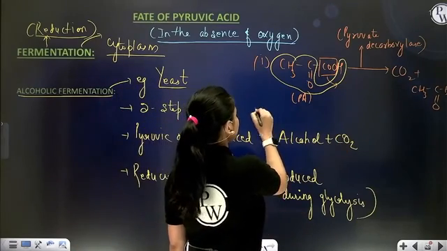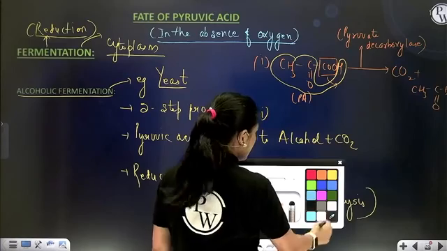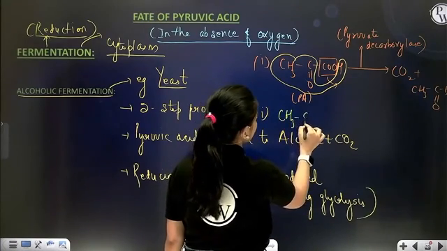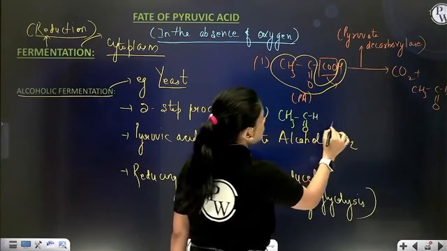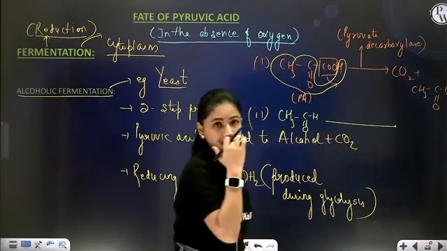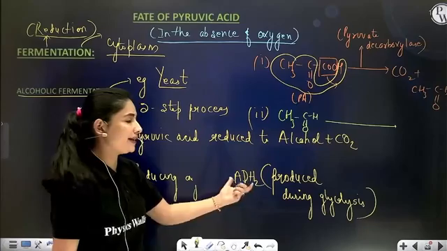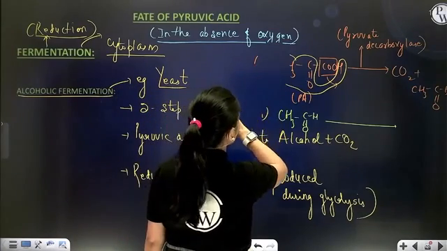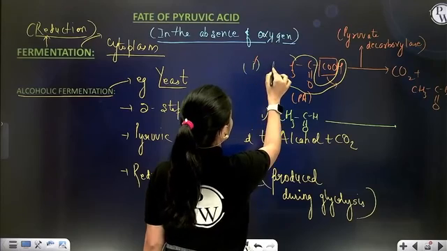Now what will be the second step? Whatever acetaldehyde is produced, this acetaldehyde, my dear students, will undergo reduction, and the reducing agent will be NADH2. Two molecules are there.